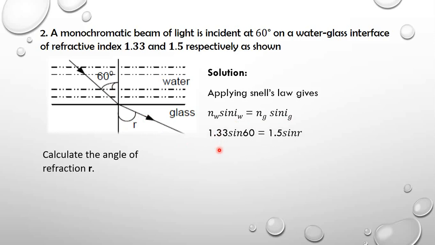When we replace, we make sine R the subject by dividing through by 1.5, and we shall get the arc sine of 1.33 times sine of 60 divided by 1.5. When we get the arc sine, we get our R as 50.2 degrees. So here you just use your calculator and come up with this.